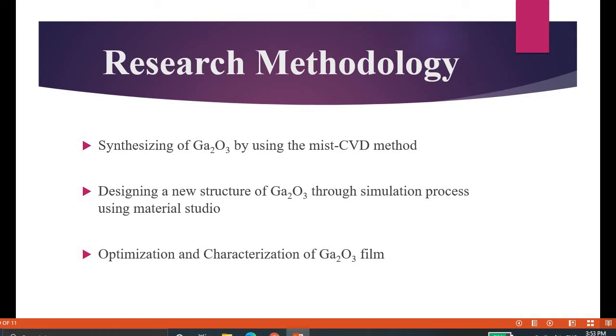For this first method, I was deciding on parameters such as the temperature, the flow rate of the gases, such as argon and nitrogen, when experimenting with the mixed CVD method. I'm trying to adjust these two parameters, the temperature and the flow rate of the gases, for this first stage of synthesizing gallium oxide.